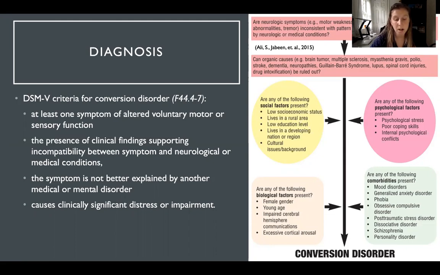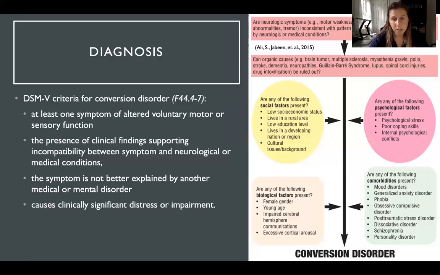The second pink box from the top looks over some common disorders that are easily confused with conversion disorder, such as a brain tumor, MS, myasthenia gravis, which is a long-term neuromuscular disease that leads to varying degrees of skeletal muscle weakness, polio, stroke, dementia, neuropathies, Guillain-Barré, lupus, and spinal cord injuries.